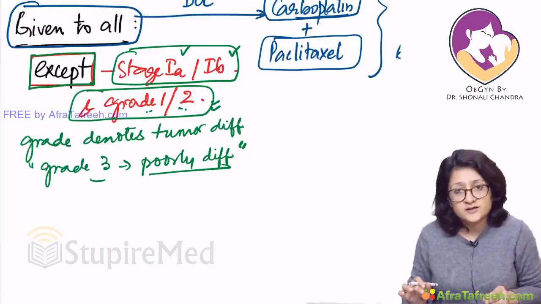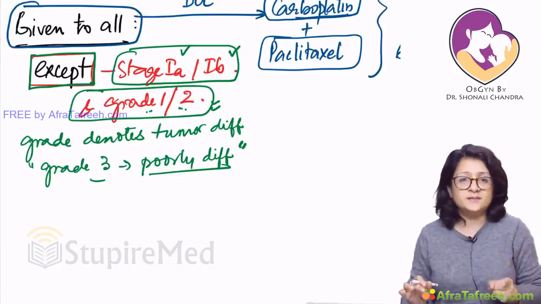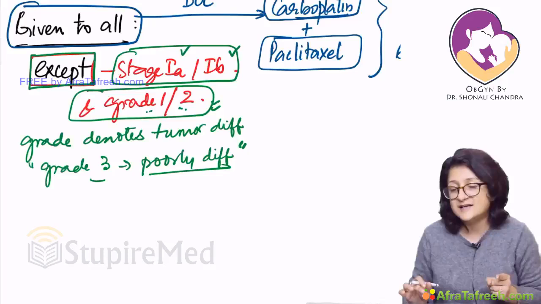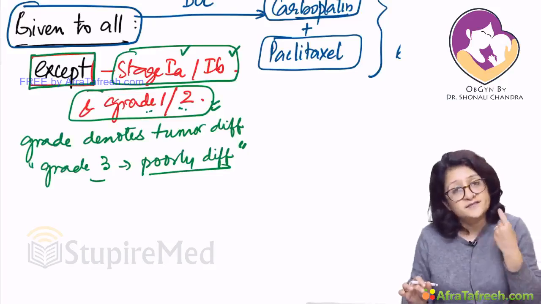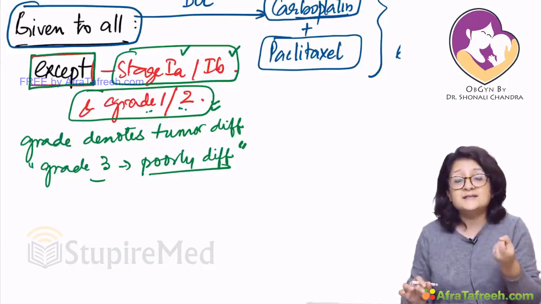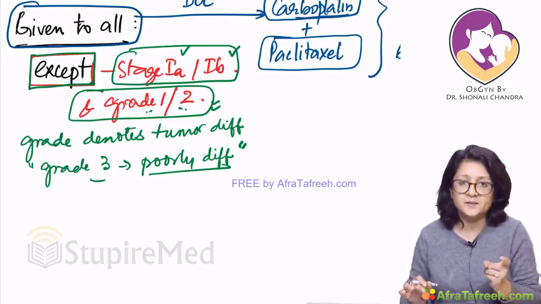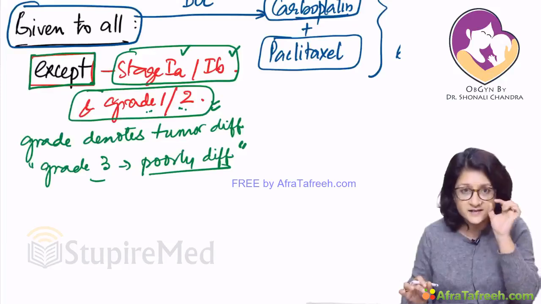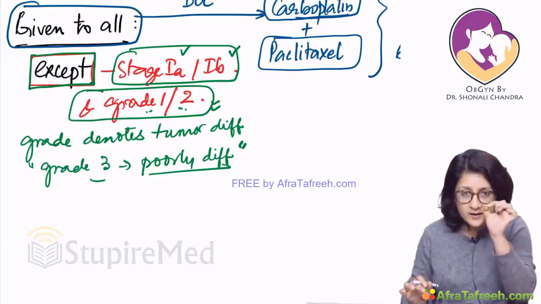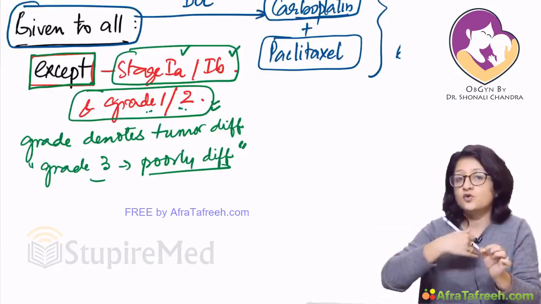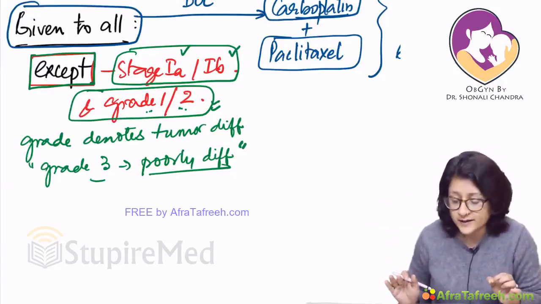If on histopathology it says that though the tumor is limited to a single ovary, but the ascitic fluid has come out to be positive by cytology, then it is upstaged. The final stage is now reviewed as stage 1C. Then we will have to give post-op chemotherapy. So stage 1C is the distinction here. That's why it is important to know 1C. Because stage 1C and beyond, you always have to give chemotherapy.